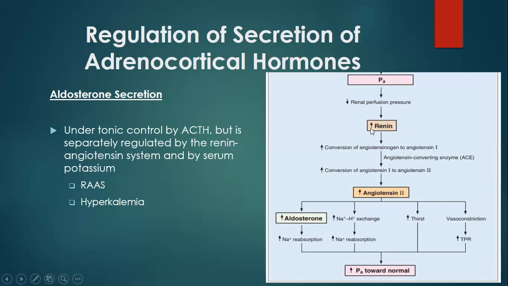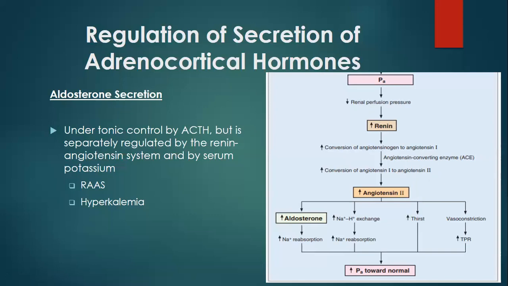If you can still recall, renin is an enzyme which catalyzes the conversion of angiotensinogen to angiotensin 1. Angiotensin 1 in turn is converted to angiotensin 2 in the lungs by another enzyme we call ACE, or angiotensin converting enzyme.